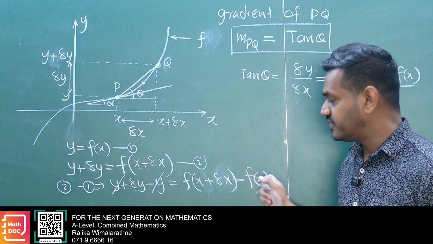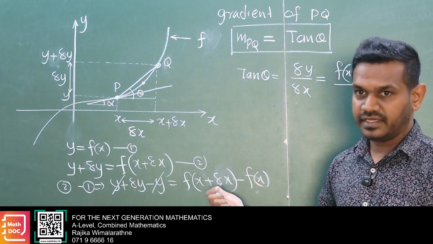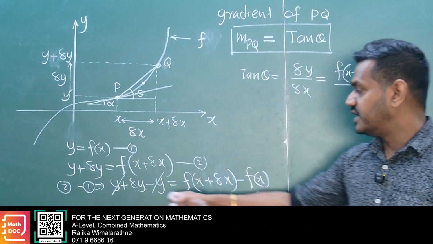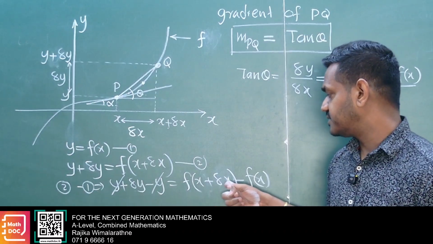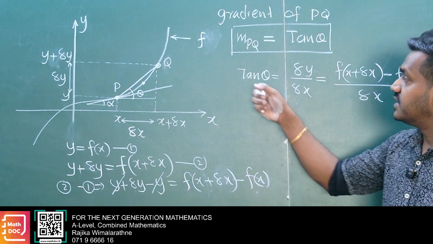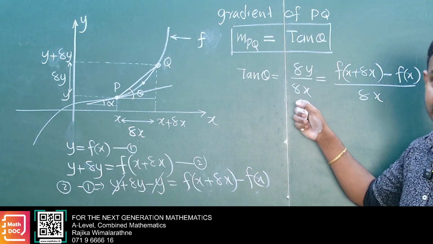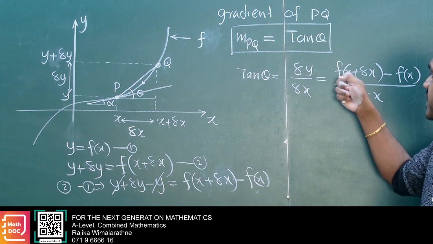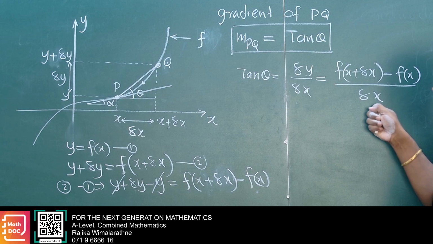Here there is no further simplification, without knowing the function we can't do it. Therefore, delta y equals f(x plus delta x) minus f(x). Then tan theta is delta y over delta x, so delta y over delta x equals f(x plus delta x) minus f(x) over delta x.